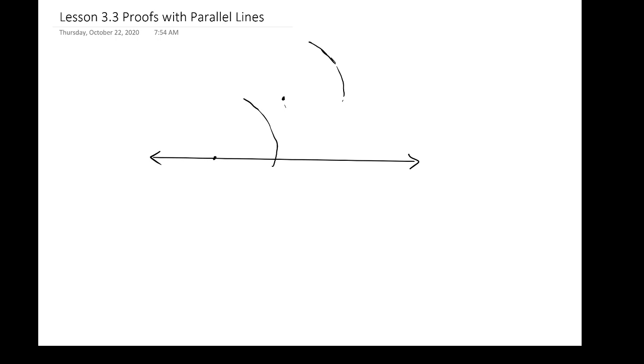The first thing I need to do is actually draw the line that's going to go through, using a straight edge through these 2 points.